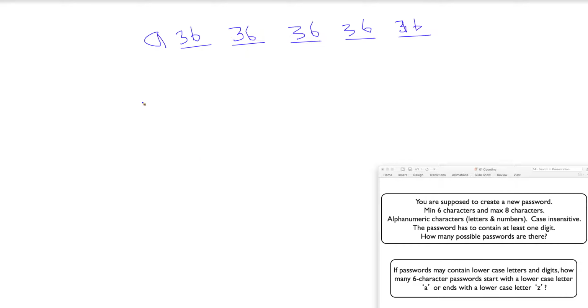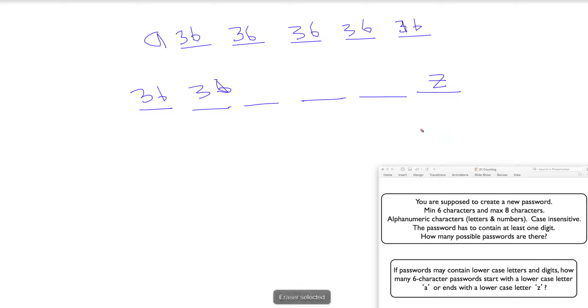Right? And we can also look at the passwords that are going to end with the letter Z. So in this case, again, there is 26 in every possible slot. So in total, we can have 26 to the power of 5.